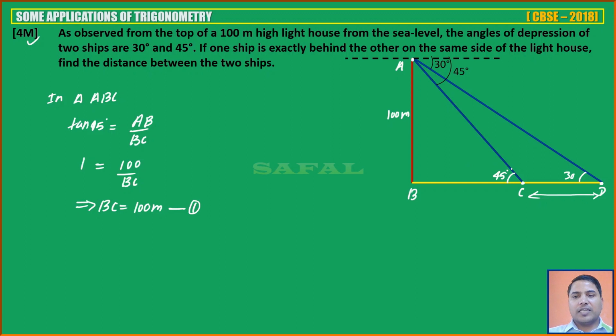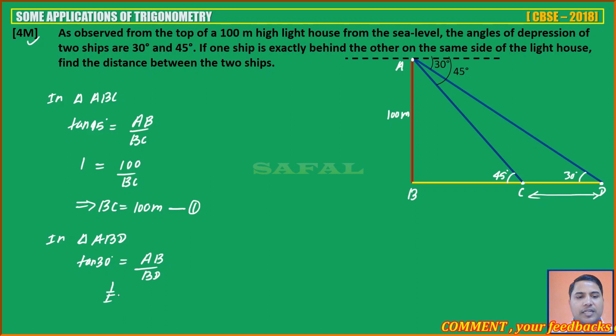Now we'll apply tan ratio in what? The big triangle ABD. So in triangle ABD, I can write tan 30 degree. Opposite side is AB and adjacent side is what? BD. So tan 30 is 1 by root 3, correct? So AB, that is 100, and BD we are supposed to find.